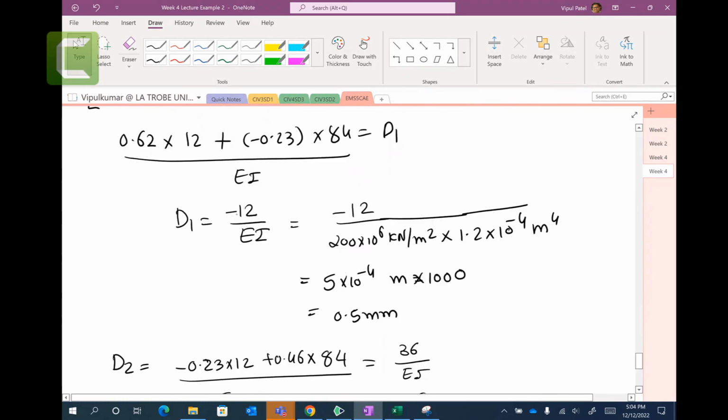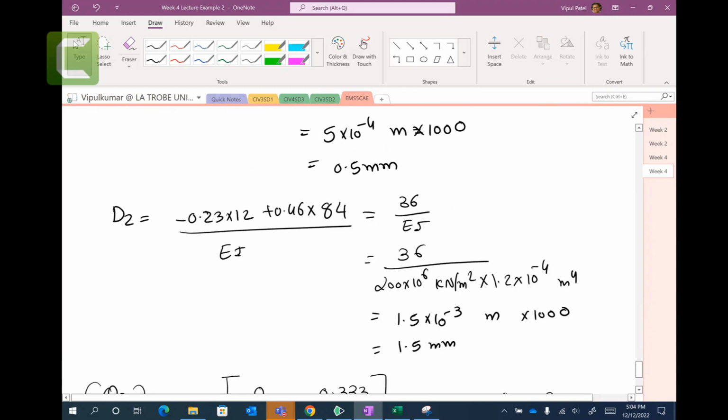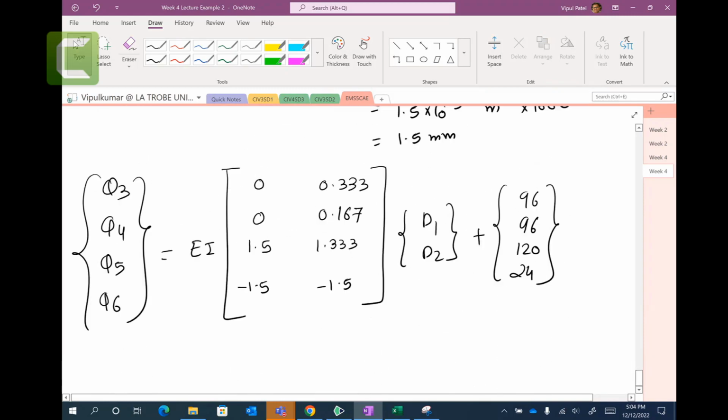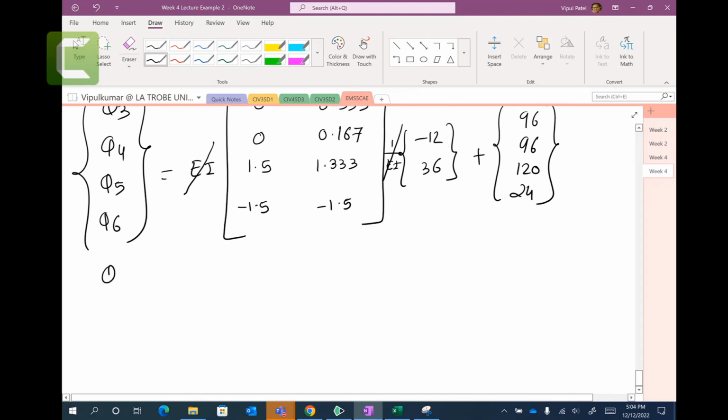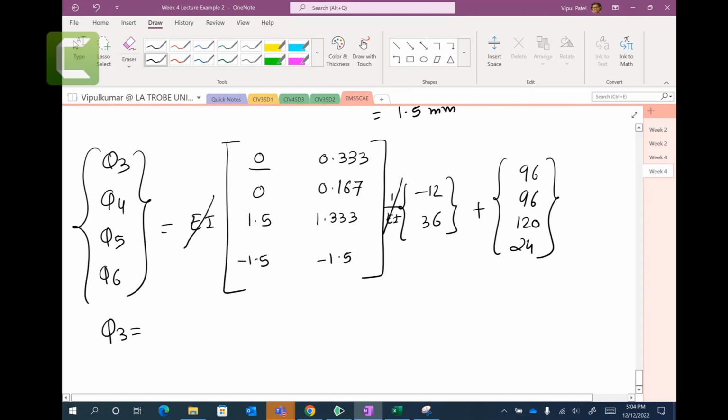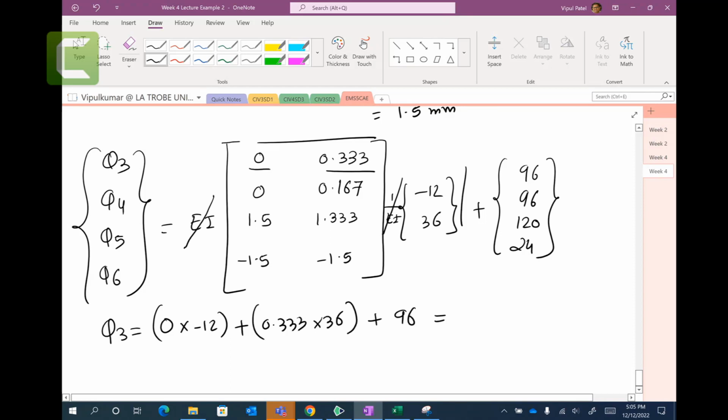Now D1 is minus 12 on EI and D2 is 36 on EI. So minus 12 and 36, 1 over EI. We can cancel this. So Q3 equals 0 times minus 12 plus 0.333 times 36 plus 96.